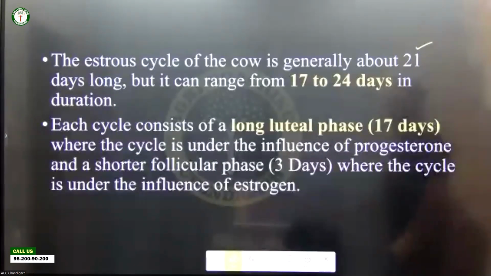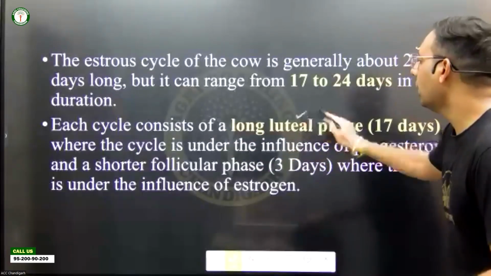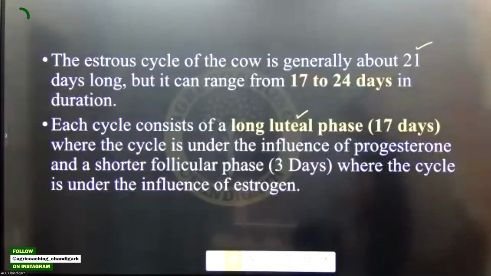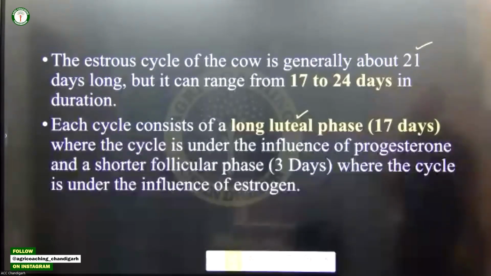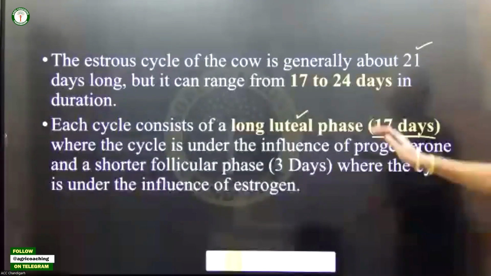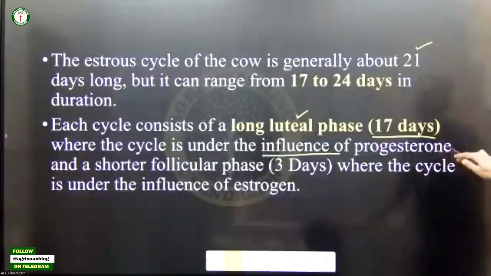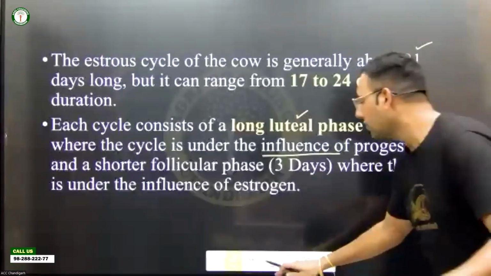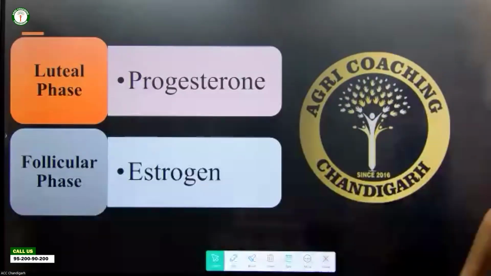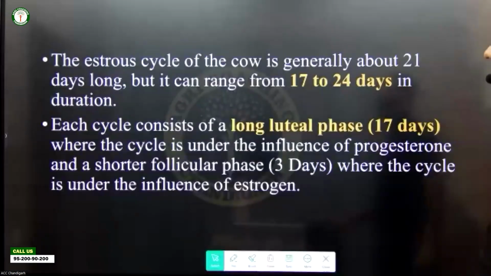Second, each cycle consists of a long luteal phase and a follicular phase. The luteal phase is the long phase, with a duration of 17 days, where the cycle is under the influence of progesterone. You can remember this statement: the luteal phase will be controlled by progesterone and the follicular phase will be controlled by estrogen.